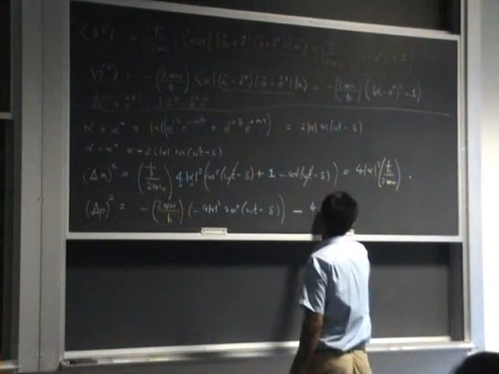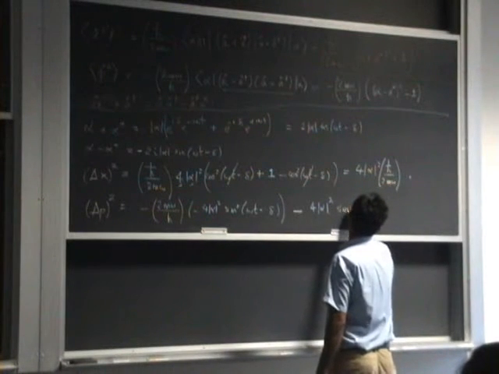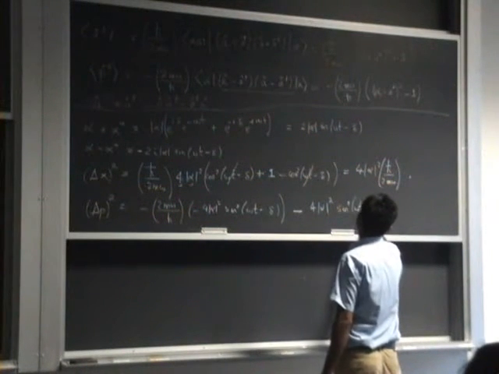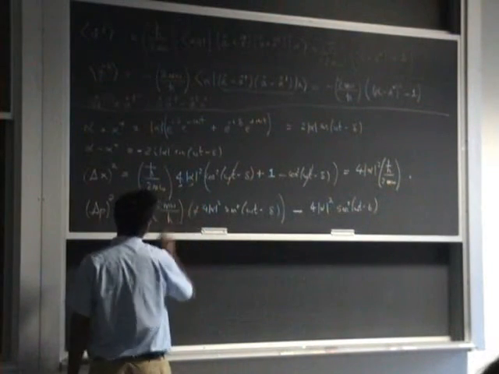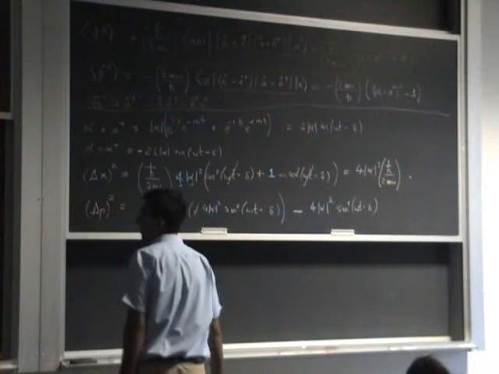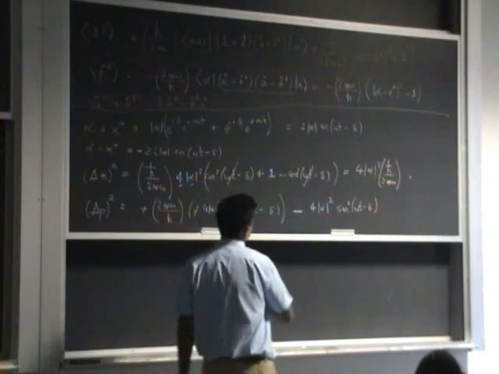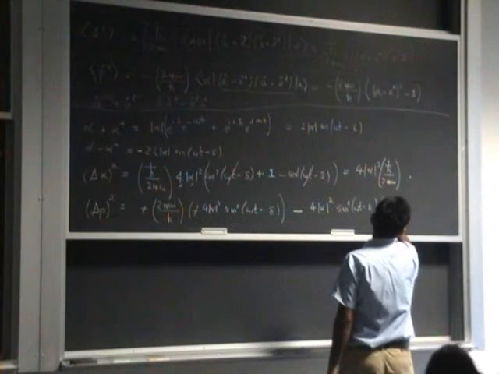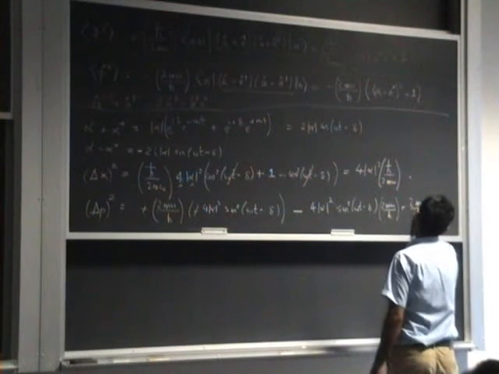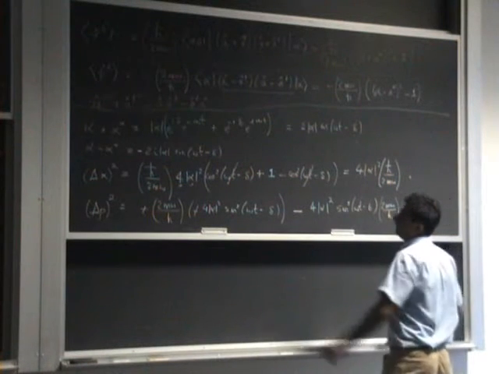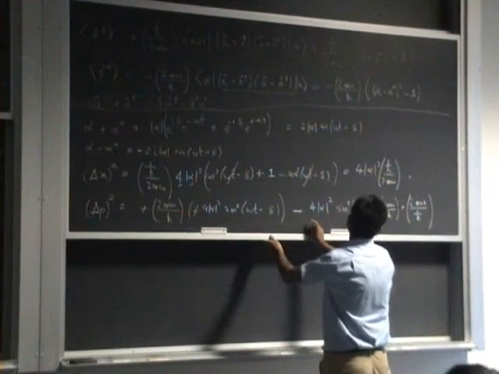I have minus 4 alpha mod square sine square omega t minus delta, so this minus goes away with this one. And of course I have the 2m omega over h bar term as well.